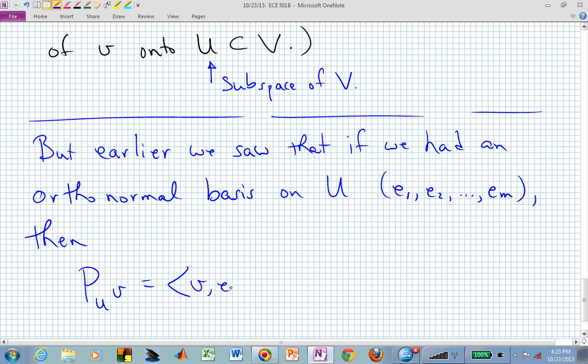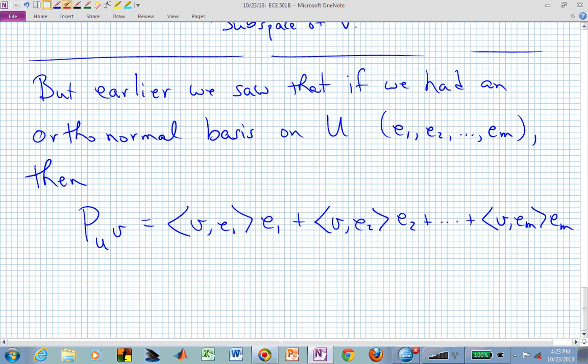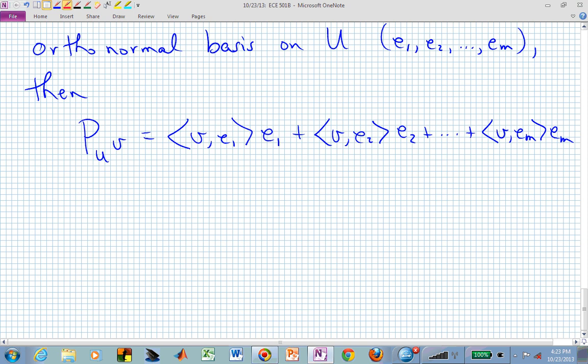It's V with e1. That gives me the scaling in the e1 direction, plus V inner product with e2, and I just keep finding those inner products of V with these orthonormal basis vectors, and that's how I build up this projection of V onto U. And that actually gives us a strategy for solving these minimization problems.